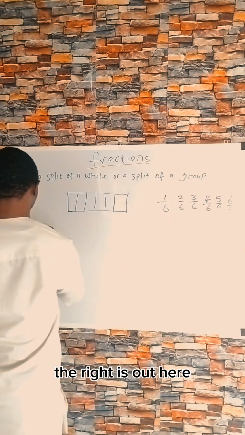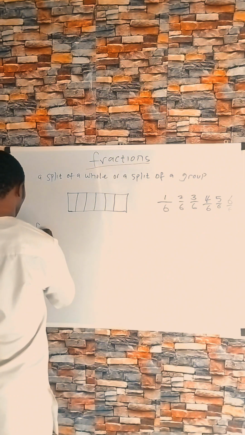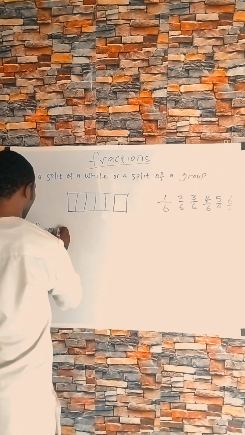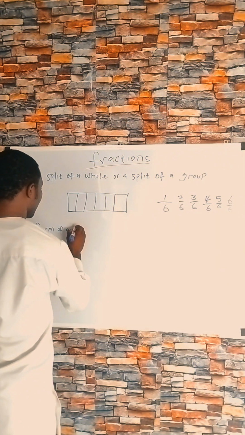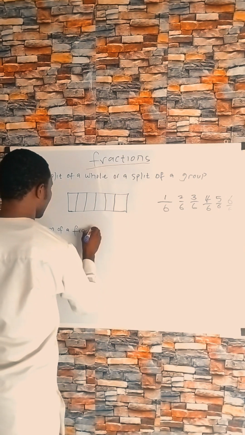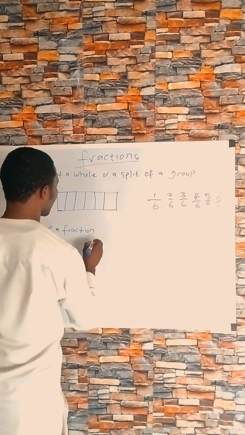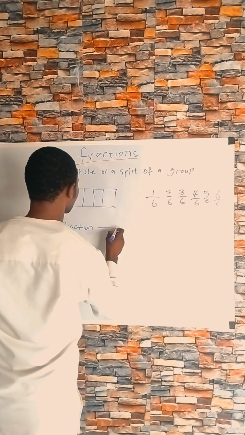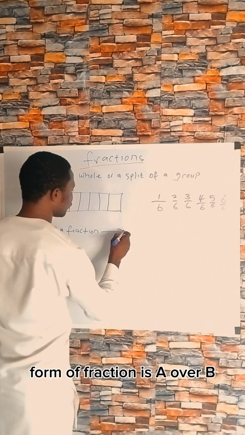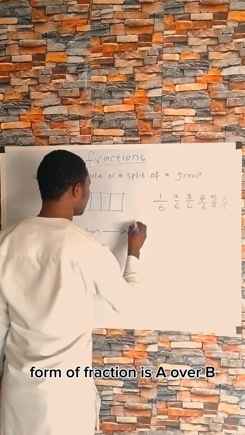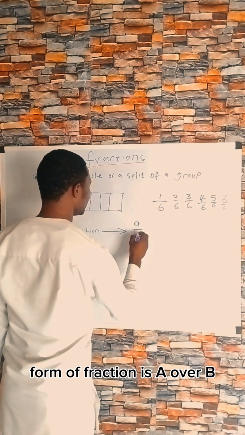Let me write it out here. Form of a fraction is a over b.